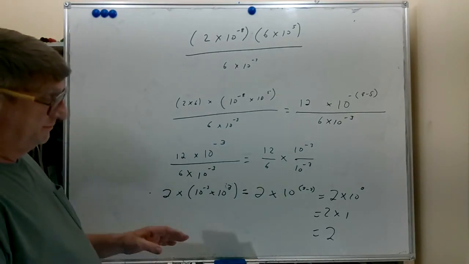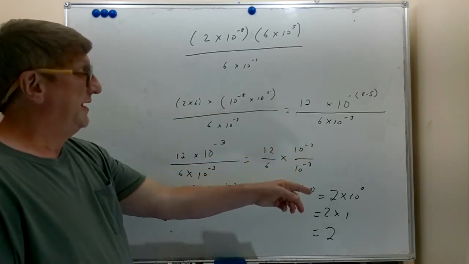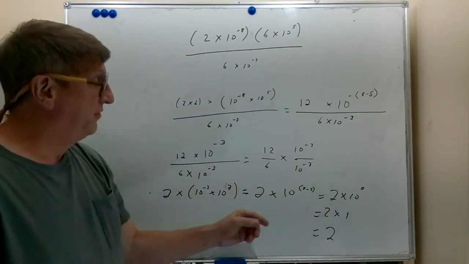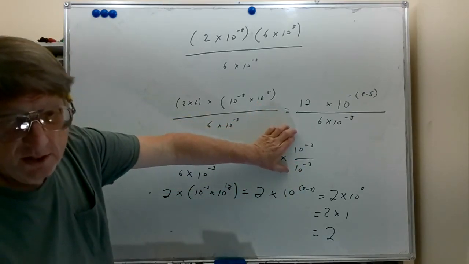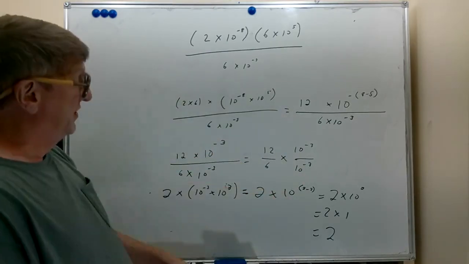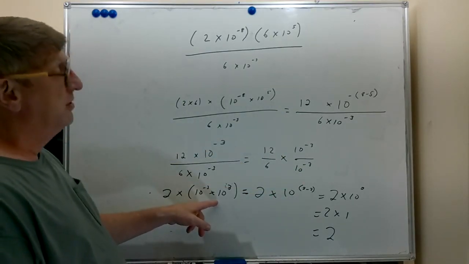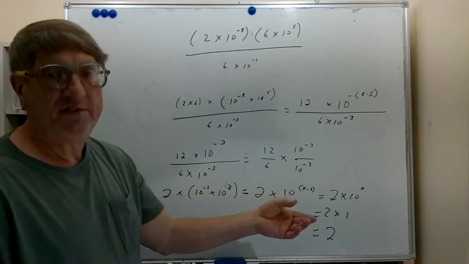Now right here, you kind of see by the way I separated these out why 10 to the 0 is equal to 1, because when we converted this fraction with the same power of 10 in the numerator and the denominator to a multiplication, we found that the exponents canceled and left an exponent of 0.